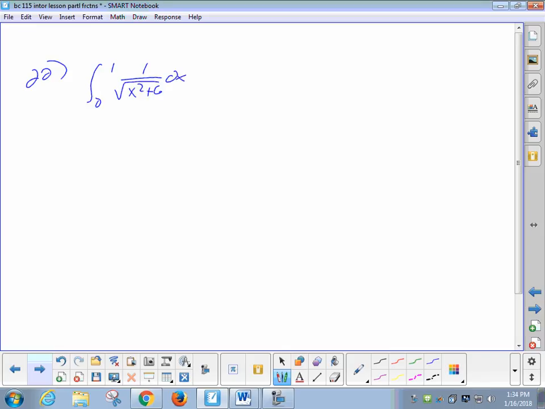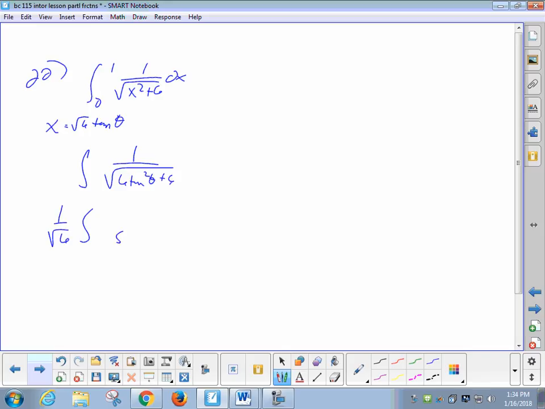What trig substitution did you make? I agree. x is maybe root 6 tangent theta. So that would become 6 tangent squared plus 6, which is 6 times tangent squared plus 1, which is secant squared.